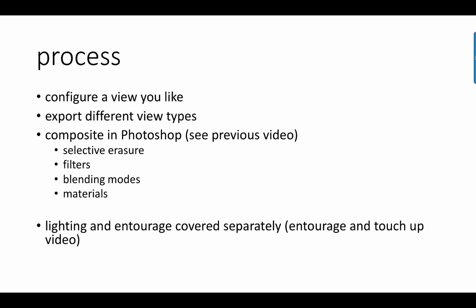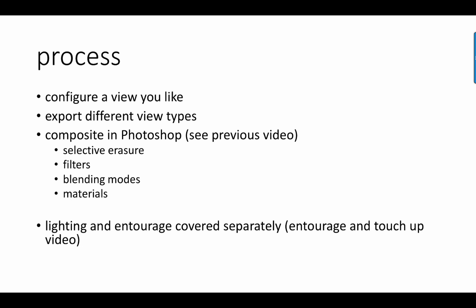Compositing basically means blending different layers in different ways. You can selectively erase parts of drawings. You can filter them. There's also blending modes and materials. And the previous video did talk about how to blend layers that were taken out of SketchUp.